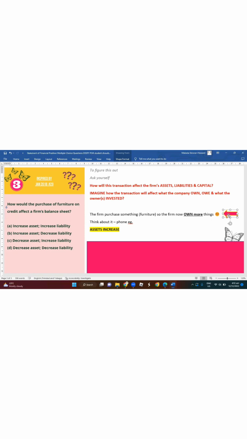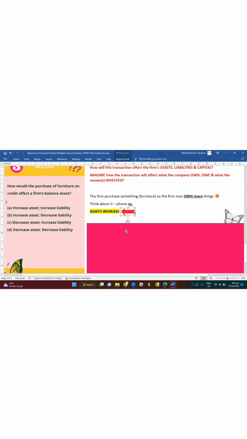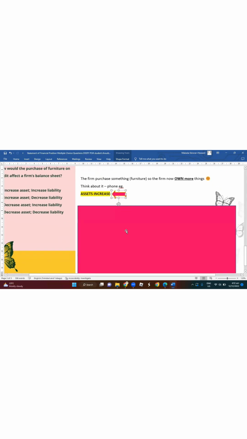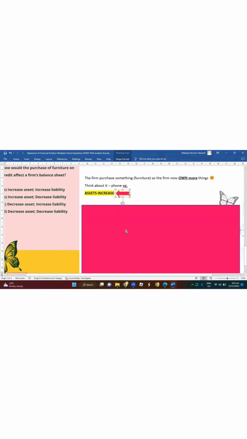I hope that simplified analogy helps you realize when you purchase, you will own more. And once you own more, it means that your assets increase. The amount of things that you own has increased. So your assets increase with purchases. All right. So that one was a bit straightforward, but still I know students get trouble with that.